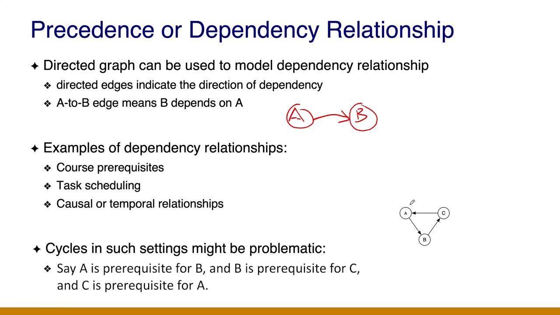So one thing to keep in mind is that if you intend to use the graph for the purpose of capturing dependency relationships, you can never have a cycle. And this is one example.